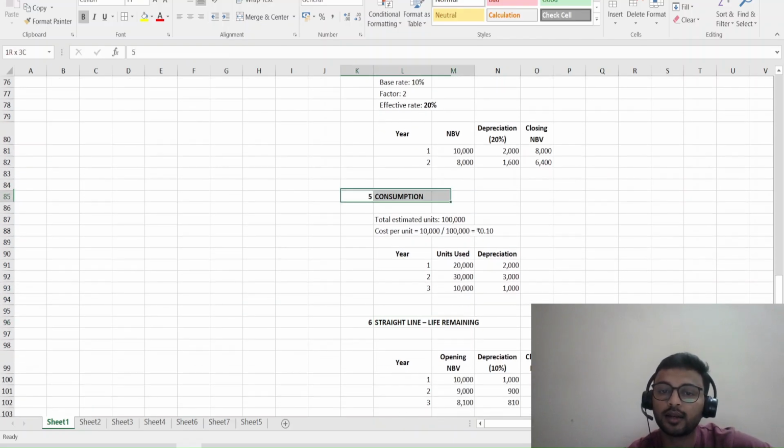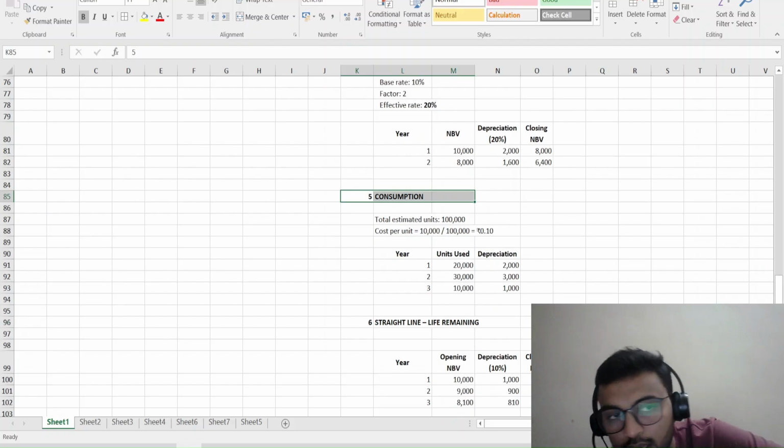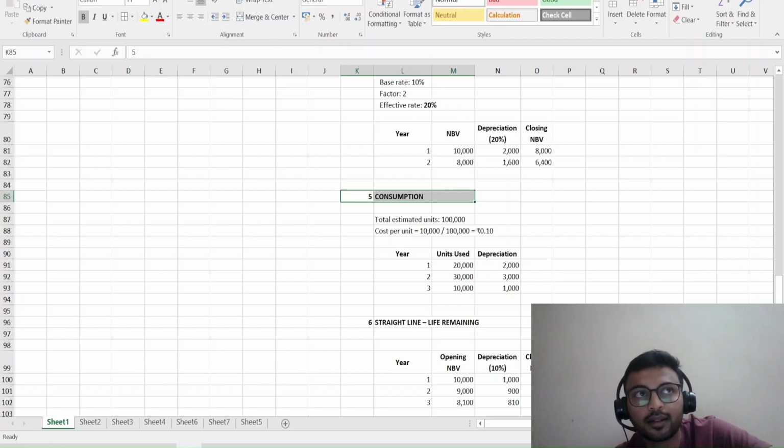Then there is one more option, consumption based depreciation. Suppose I have purchased this asset for 10,000. I have assumed that with this asset I am able to manufacture 1 lakh units of my finished goods, whatever the finished good is.